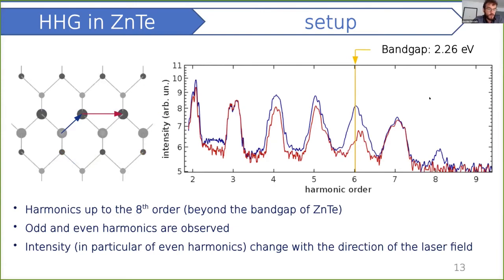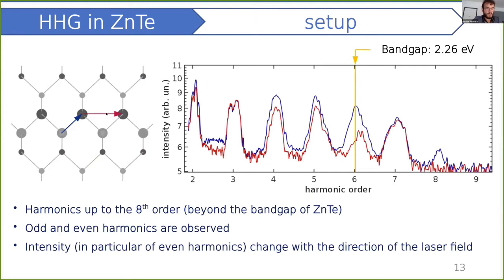The spectrum in blue shows the harmonics emitted when the laser is polarized along the direction that connects 2 first neighbors of different kind, while the spectrum in red instead shows the harmonics emitted when the laser is polarized along the direction that connects 2 first neighbor atoms of the same kind.